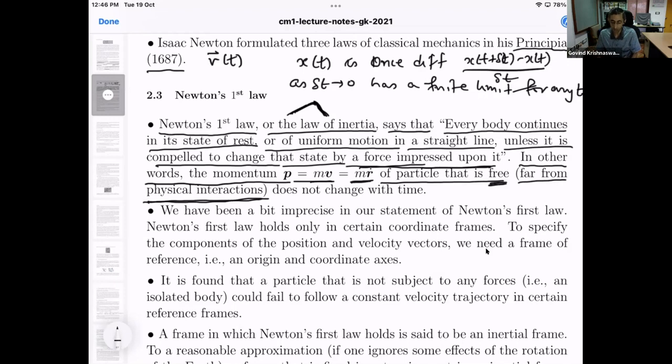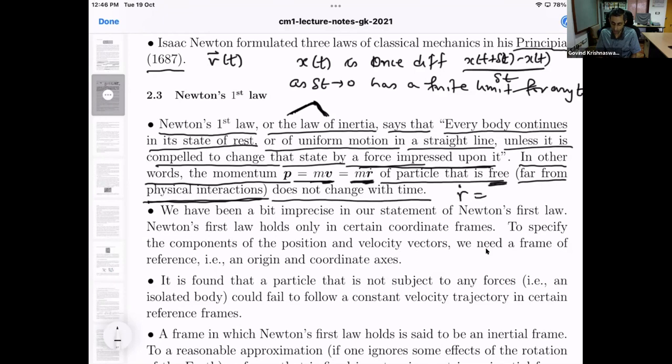So for such a particle, one that is free or very far from other physical bodies and their influences, the first law of Newton says that the velocity does not change with time. Because if the velocity does not change with time, r dot would be 0.